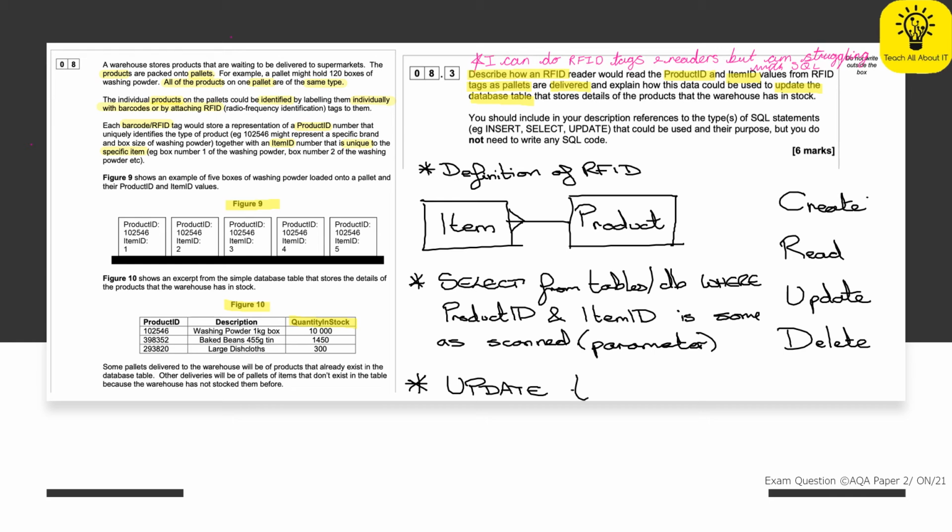So update the quantity in stock, and we're going to be really specific here. Quantity in stock, and we're going to write this in the product table. And we're not just overriding, we're updating, and what we're doing is we are incrementing.